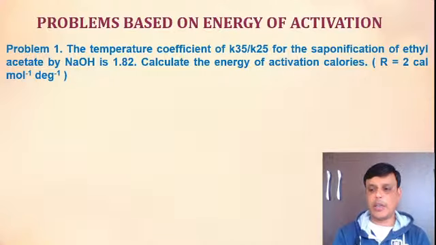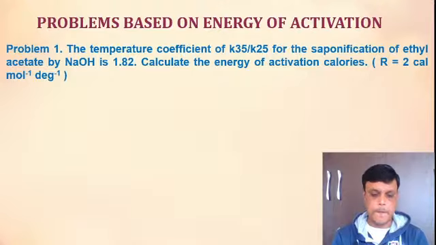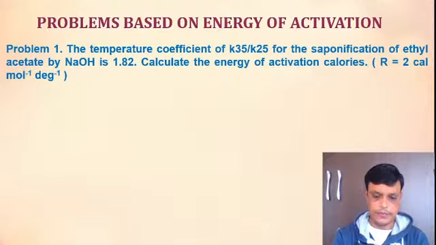Write down the given equation. What have you been given? You have been given the temperature coefficient, that is K35 by K25, which is 1.82. Correct? Yes or no?